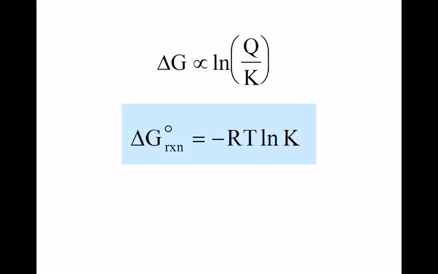And so again, without showing you the derivation, here is the link between the change in Gibbs free energy of a reaction and the equilibrium constant K at some temperature T, and of course R is the ideal gas law constant. I'll show you how we can use that in a problem.